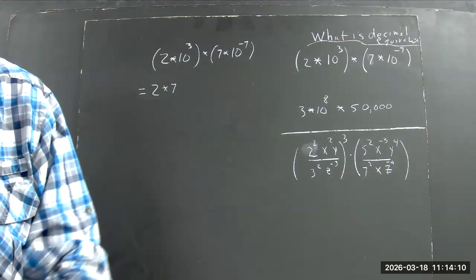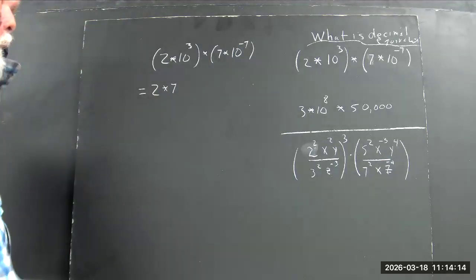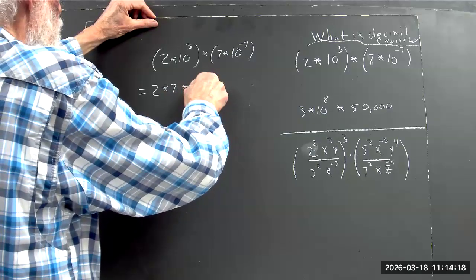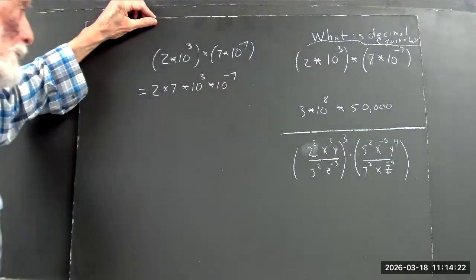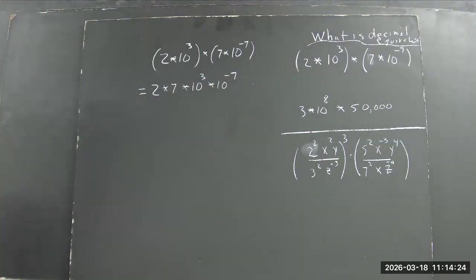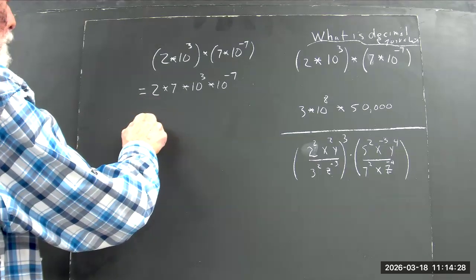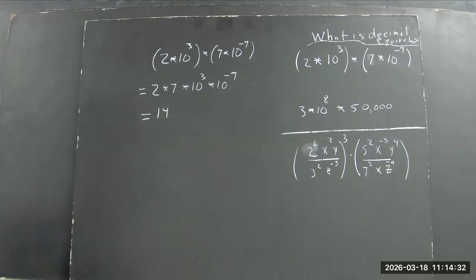We do them in any order. And 2 times 7 is easy, that's going to be 14. And then we have times 10 to the third times 10 to the negative 7th. And we're going to do the numbers here, plain old numbers without exponents. We're going to get 14.